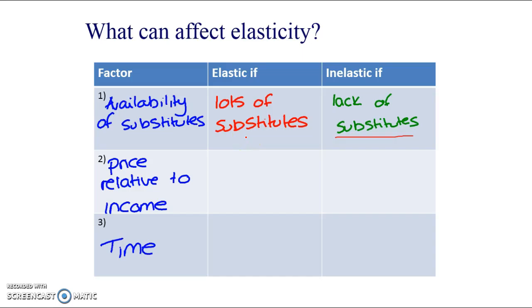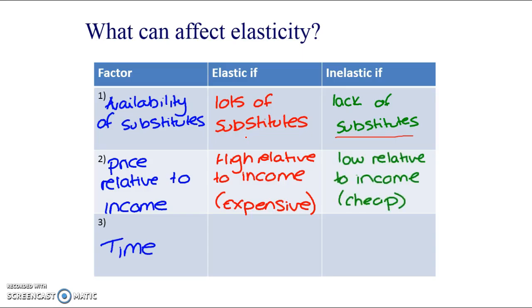It would still fall, but it's going to be less of a fall than if it is elastic and there are lots of substitutes. The price relative to income can also have an effect. If the price is very high relative to your income, so it's what you would call expensive, you're going to be very sensitive to price changes because it's going to have a big impact on your life. It takes up a lot of your income. Whereas if it's a very small price relative to your income, you might not care.